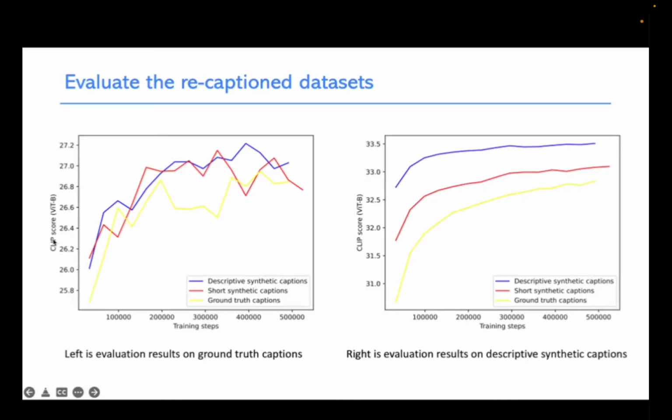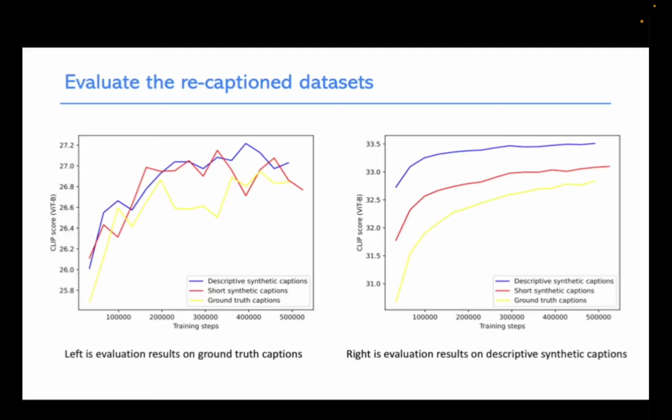Because in CLIP, what we want to do is find the most similar pair between the text embedding and the image embedding, right? So if we want to evaluate the prompt following ability of the generated image, we can compare the generated image embedding and the ground truth text embedding. That's how they do the evaluation.